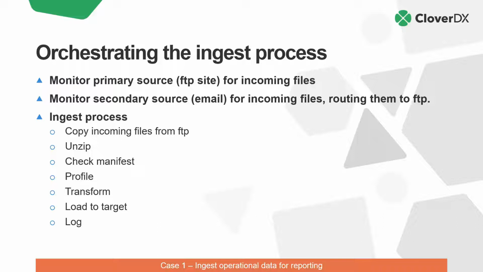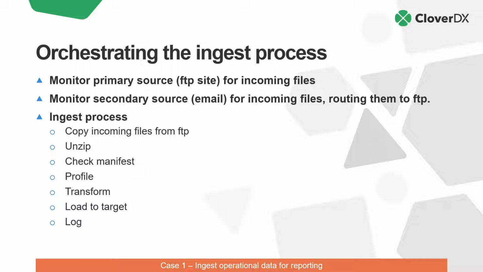There are some cases though where the school needs to occasionally send some out-of-band data. So in addition to monitoring the FTP site, this ingest process also needs to monitor an email box to make sure they're not sending some files in some out-of-band way. And we want to take the files that might come in via email and simply put them on the FTP so that they can be routed through the main ingest job.